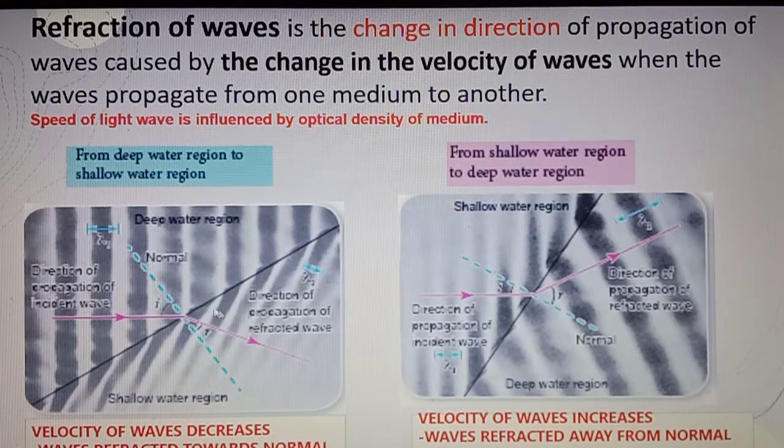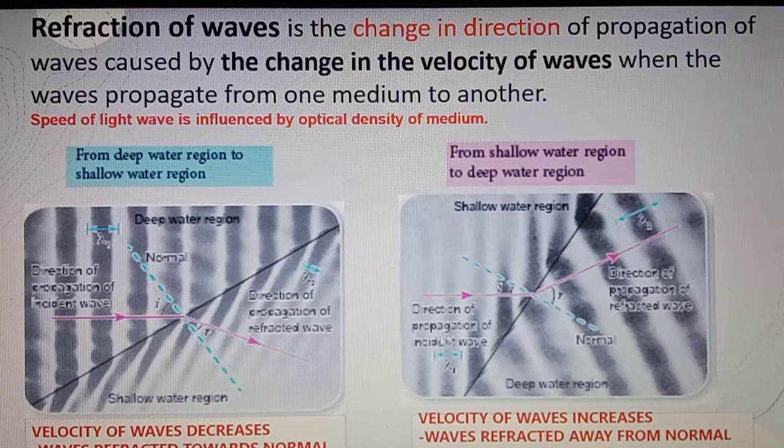From deep to shallow, speed decreases. When speed decreases, the wave will be refracted towards the normal. You can see there is a bending in the direction of waves, so here we can show that the wave experiences refraction. The angle between the refracted wave and the normal line is the angle of refraction. So this is the direction.